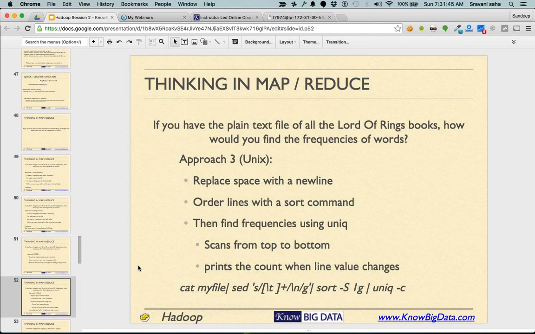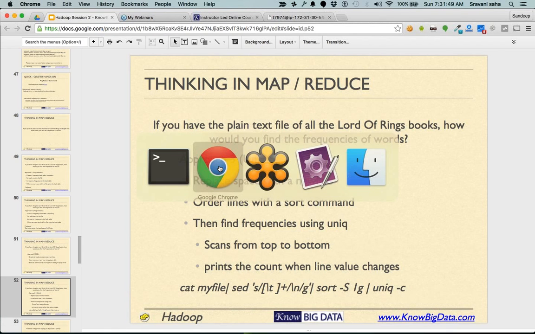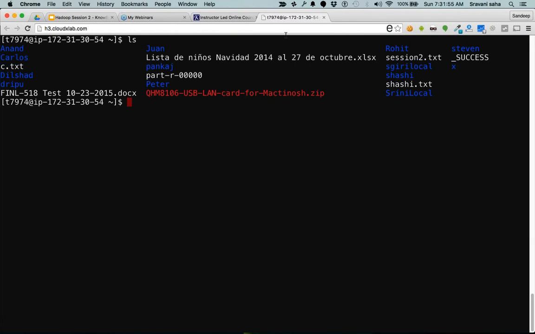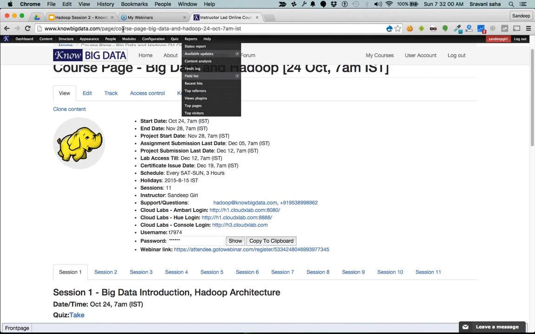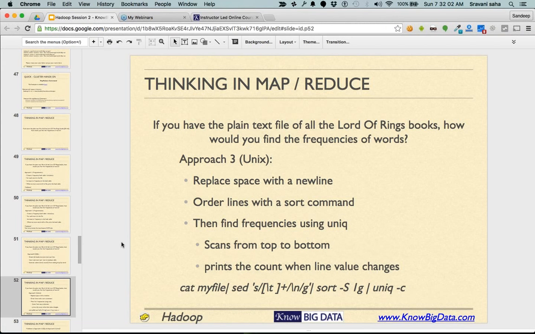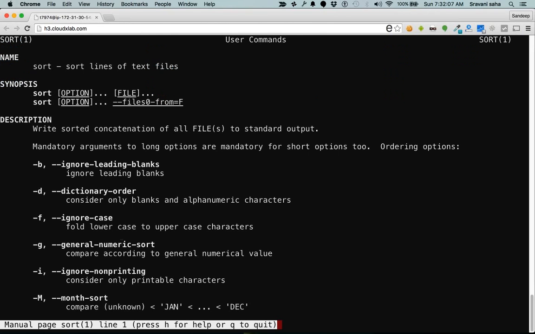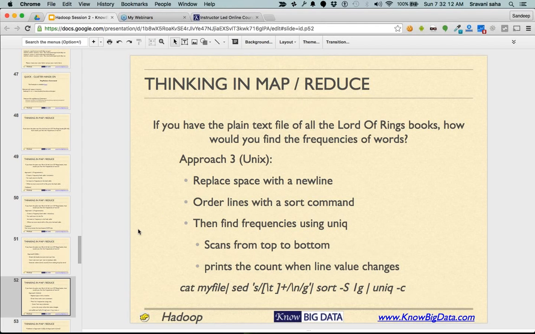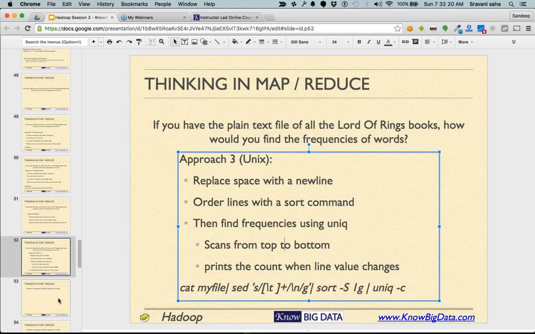Great. So these are the arguments. If you want to know more about any of these commands, you can go to the terminal, and let me just take out my terminal. All right. So you can say man sort and it'll give you the manual. Great. So both the approaches, we talked about SQL and we talked about Unix.